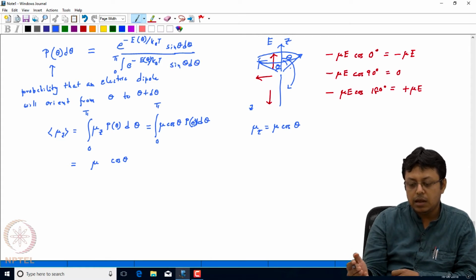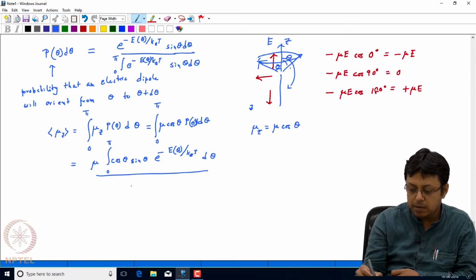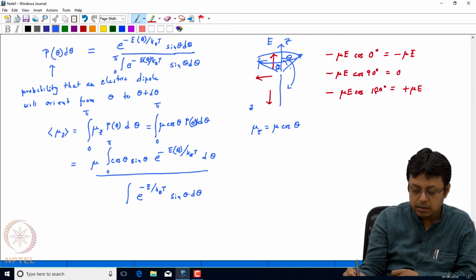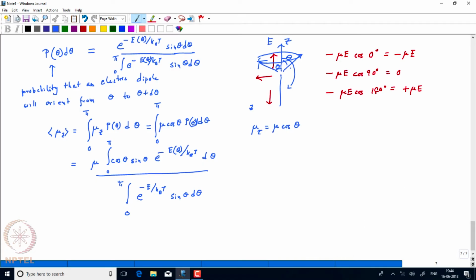And then once we integrate it over all the orientations, I will have cos theta, sin theta, and then e to the power minus E, which is a function of theta, over kBT d theta, integral 0 to pi, divided by, in the denominator, e to the power minus E by kBT. So, that is a normalization factor, sin theta d theta, theta going from 0 to pi. So, that will be the overall value.